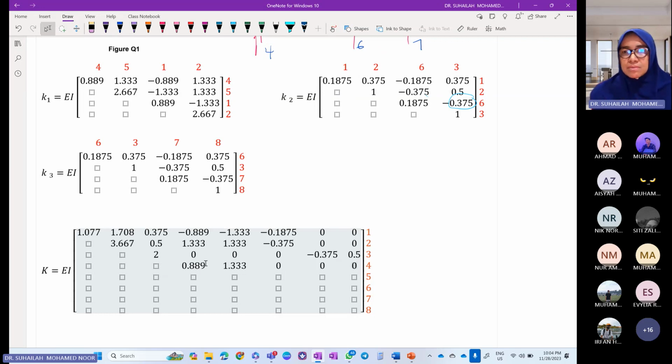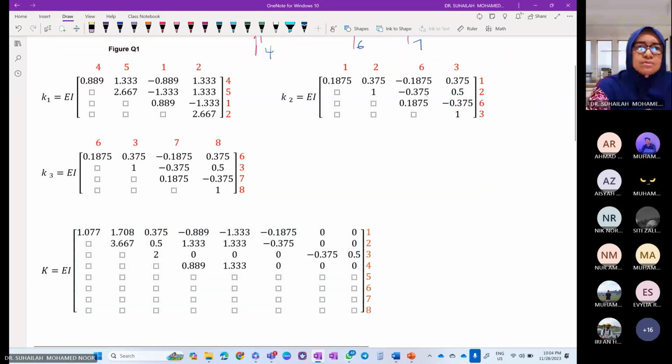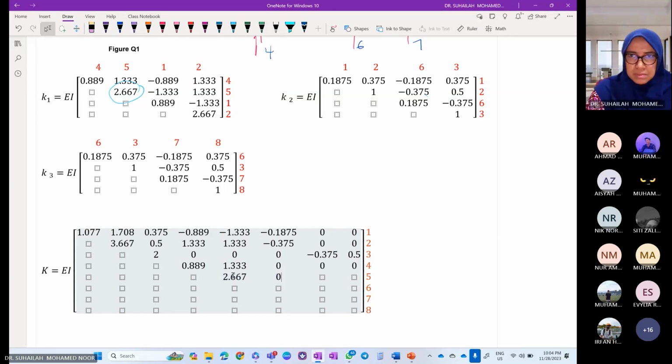It means there is no intersection. 5,5 is 2.667. 5,6: 0. 5,7: can you find 5,7? No 5,7, no 5,8. 0, 0.